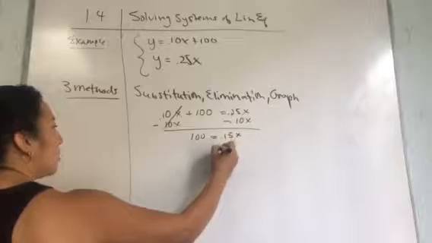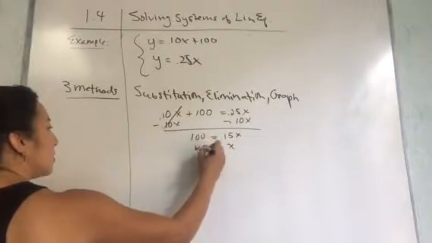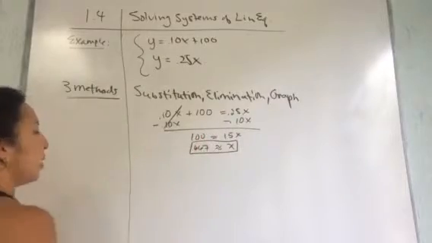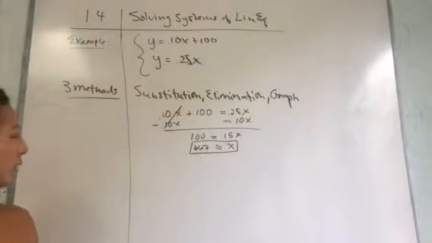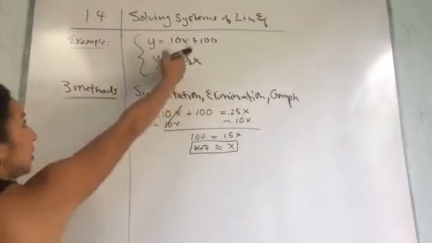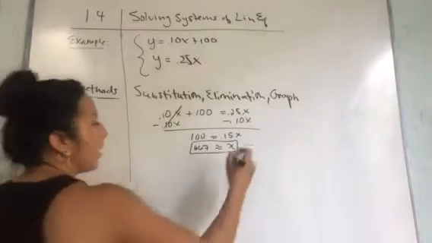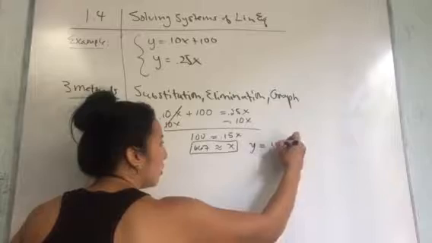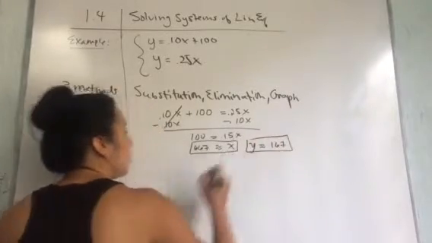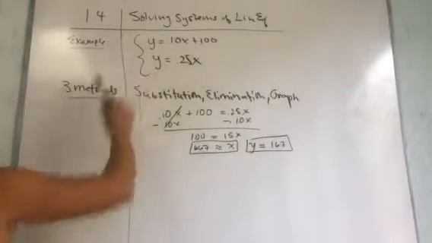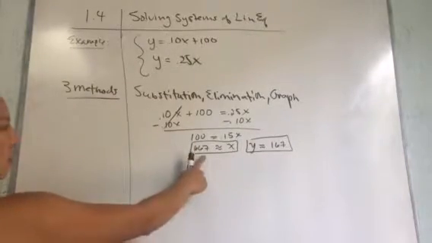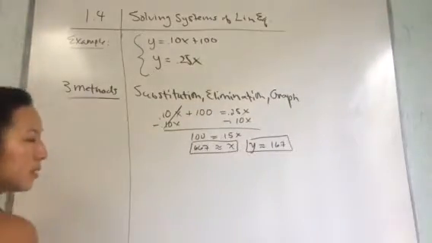So x will be approximately 667. This gives me the x-coordinate of the point of intersection, and then when you plug this back into either one of these equations, you end up with a y-coordinate that's approximately 167. So the answer to this system, which is where the two lines intersect, is at 667, 167.